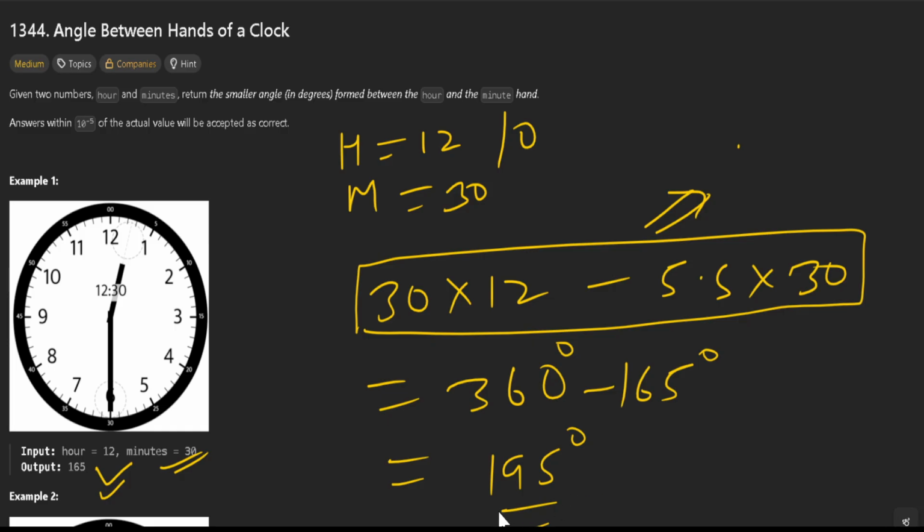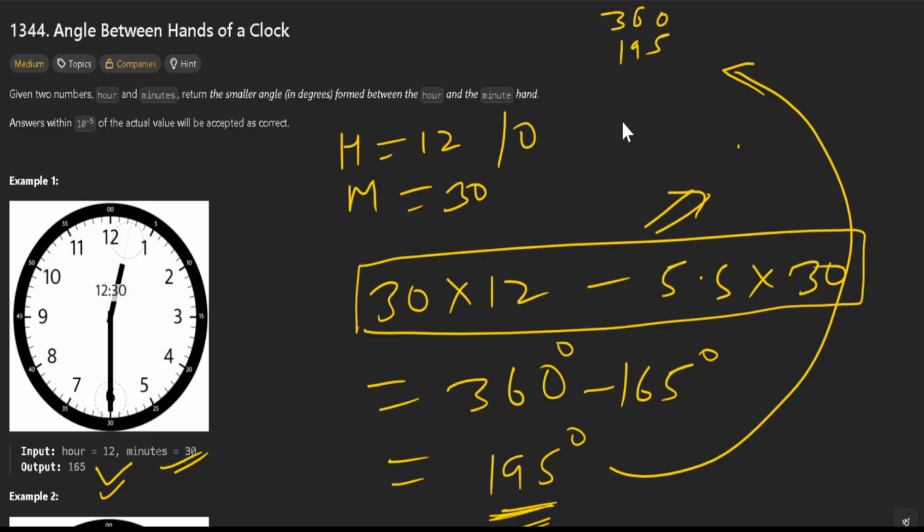But as I told you, if the result is coming more than 180 degrees, you have to subtract from 360. So from 360 you have to do minus 195, and it will come 165 degrees. So this is the result we have here.